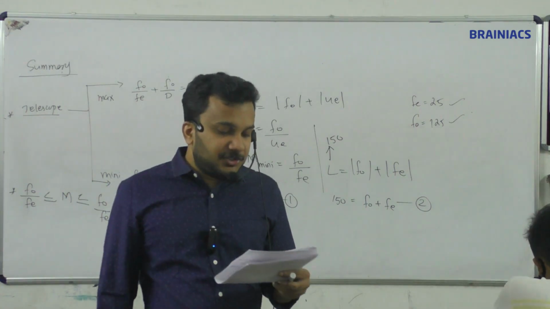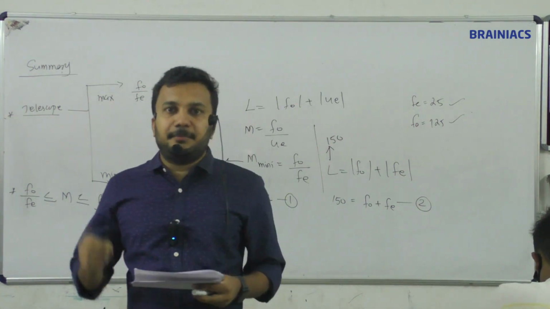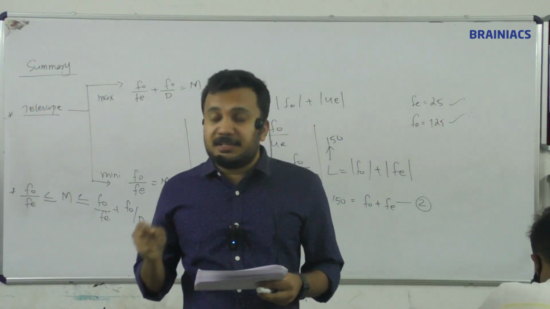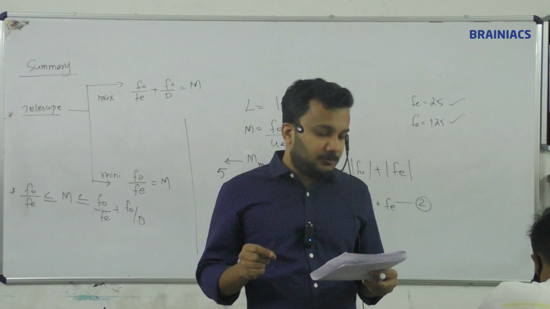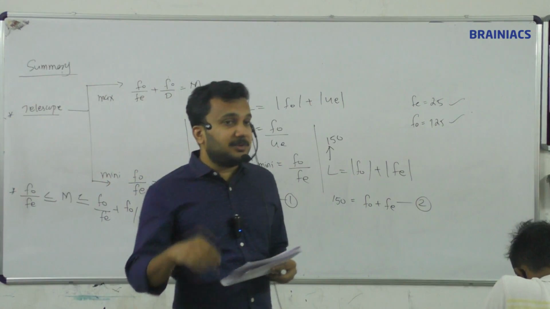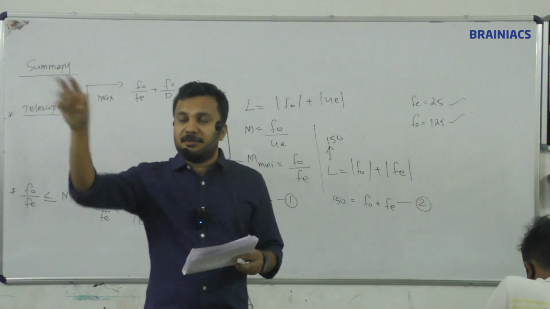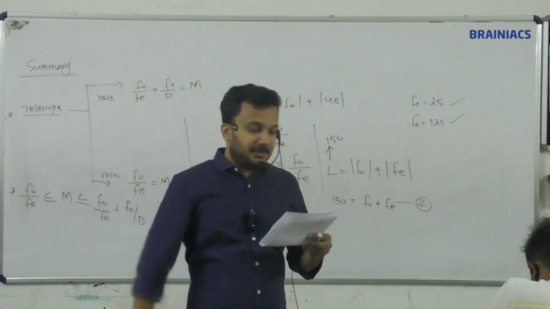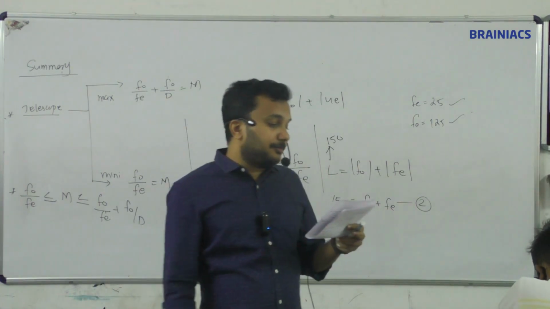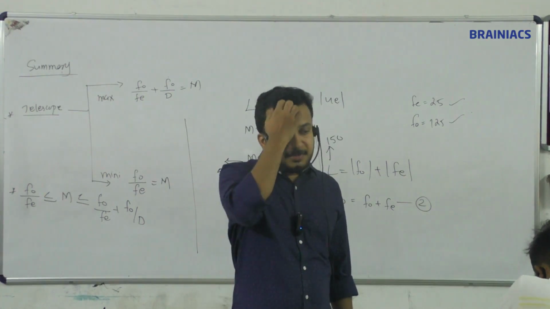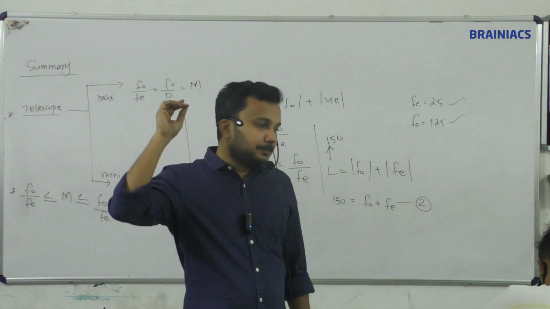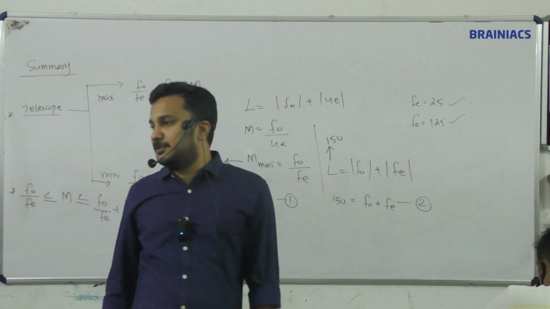If the final image is formed at the least distance of distinct vision, D equal to 20 centimeter. Sometimes they will give you the value, sometimes not. Whatever they give, you take it; if not given, you take 25. Find the magnifying power of the telescope. Previous NEET question. Find the length of the telescope.